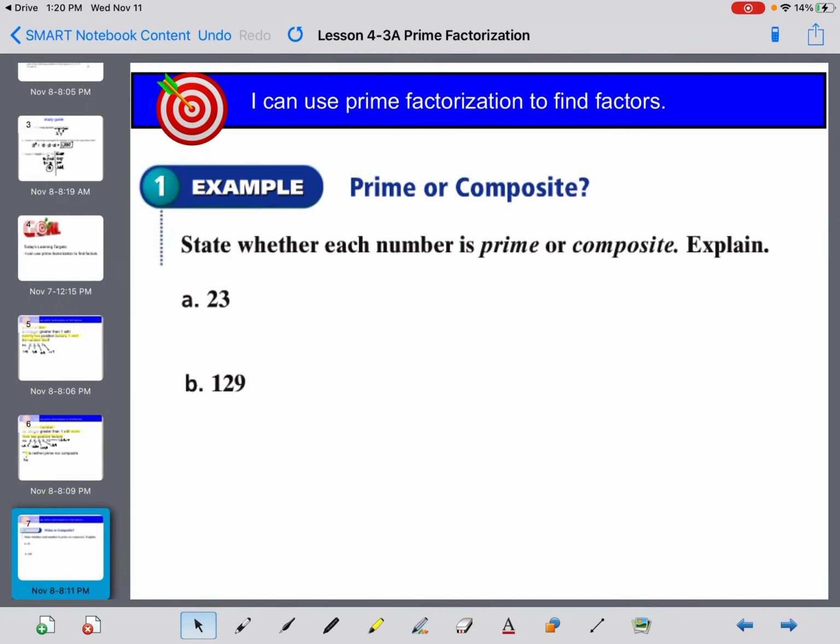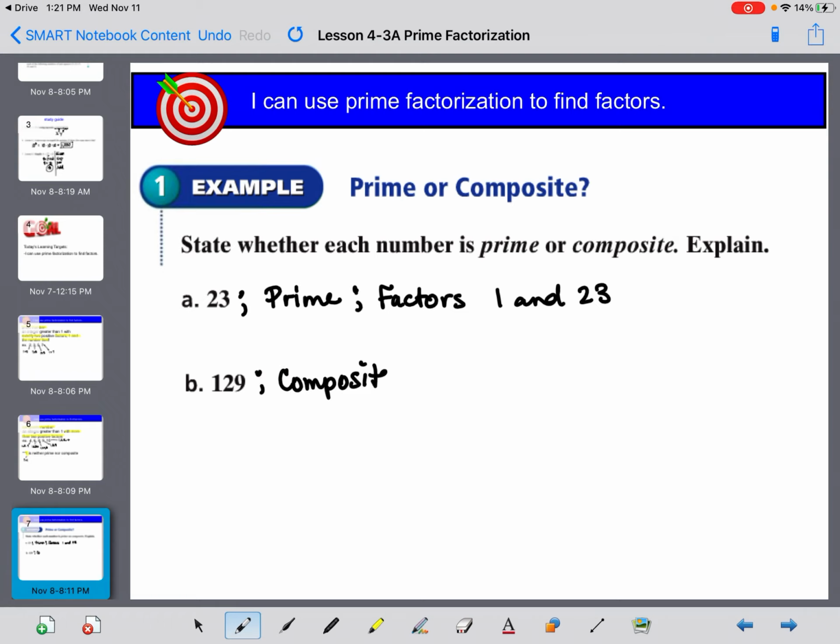State whether each number is prime or composite. Explain. Because 23 is divisible by only 23 and 1, it is prime. My explanation is that it has 2 factors, 1 and 23. 129 is composite. All I need to prove is that it has more than 2 factors.